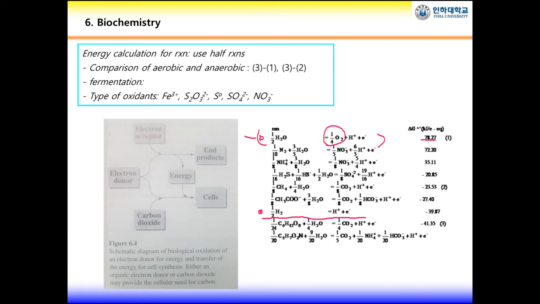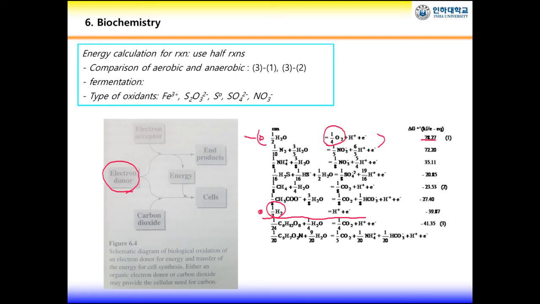Then we'll look at these figures a little bit in detail. What is the energy source for the bacterial growth? That is the electron donor. Mostly it's an organic compound, but as you see in this side, hydrogen is a good electron donor.